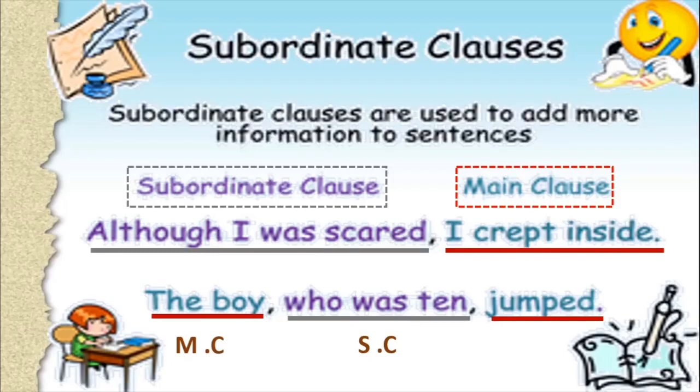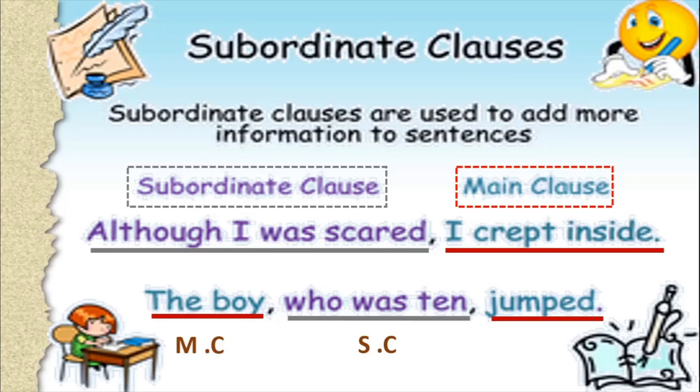Okay children, so I think this one picture and these two examples are enough for you to understand what a subordinate clause is. They contain both kinds of sentences, where the subordinate clause is in the beginning, and sometimes it is in the end also. I can also write, I crept inside although I was scared.